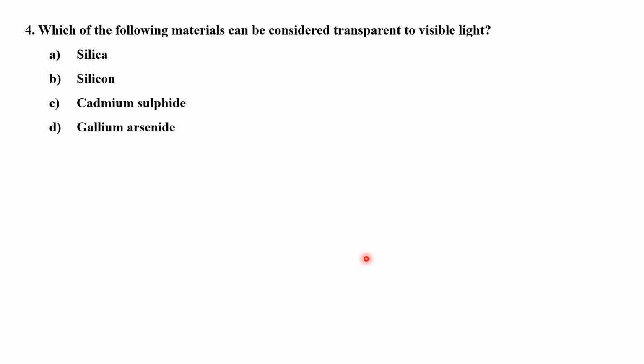So next is, which of the following materials can be considered transparent to visible light? Out of these four options, they should not absorb, they should transmit. So you can decide that based on what factor we will be using here in order to decide whether the material is transparent or absorbing.